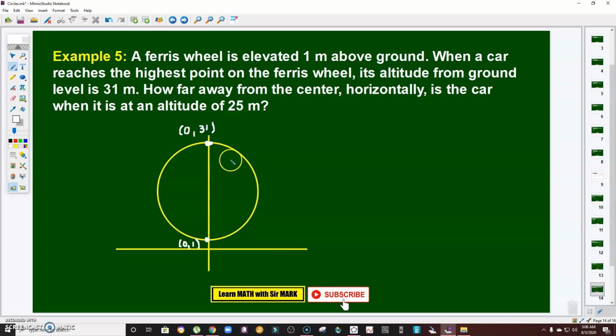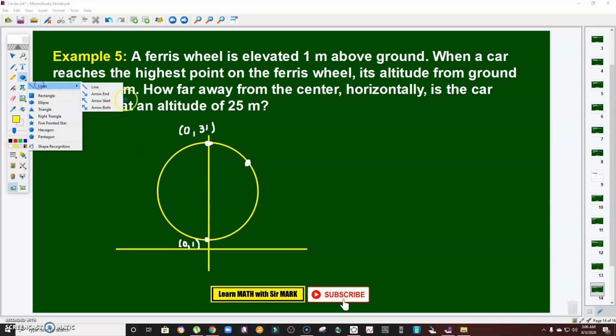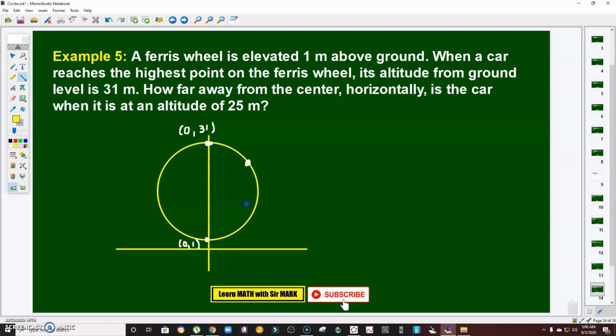Clear? Okay. So, the question is, how far away from the center horizontally is the car when it is at an altitude of 25 meters? See that? Suppose the car is here, such that it is located, wait, it is located, let's say this one, which is 25 meters above the ground.